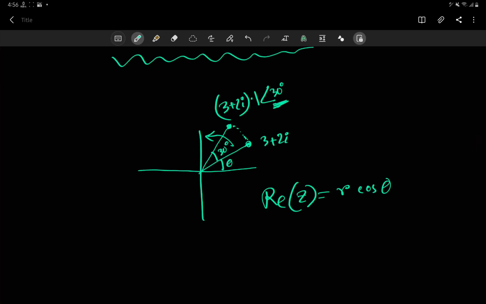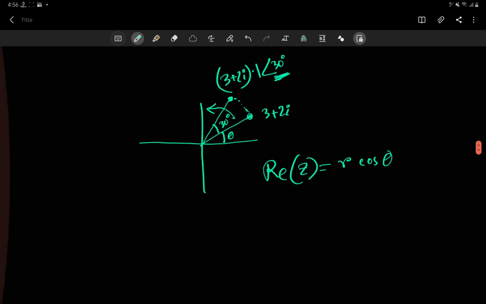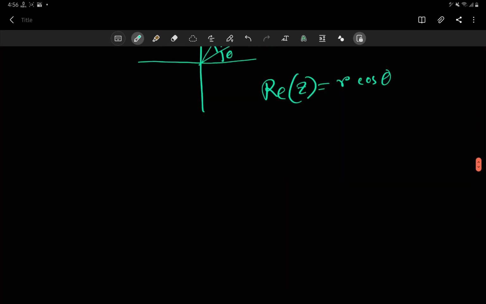For example, one of the applications I can show you right now: let's say the cube roots of 1. You have seen this problem in HSC. Maybe a refresher would be very good here. So what's the cube root of 1? Well, the cube root of 1 is 1, obviously, but there are two other roots. We don't usually talk about them because they are complex.